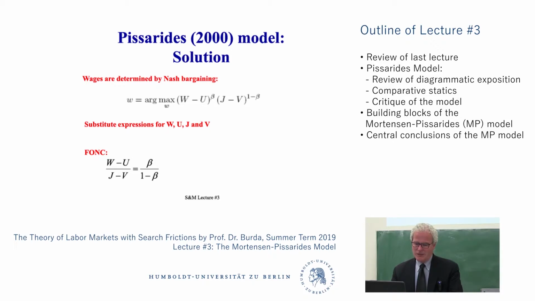In this joint maximization problem, the wage basically maximizes the geometric product of the worker's surplus, W minus U, and the firm's surplus, J minus V. Okay, and the first order condition is simply a sharing rule. So the Nash problem gives us a nice sharing rule.